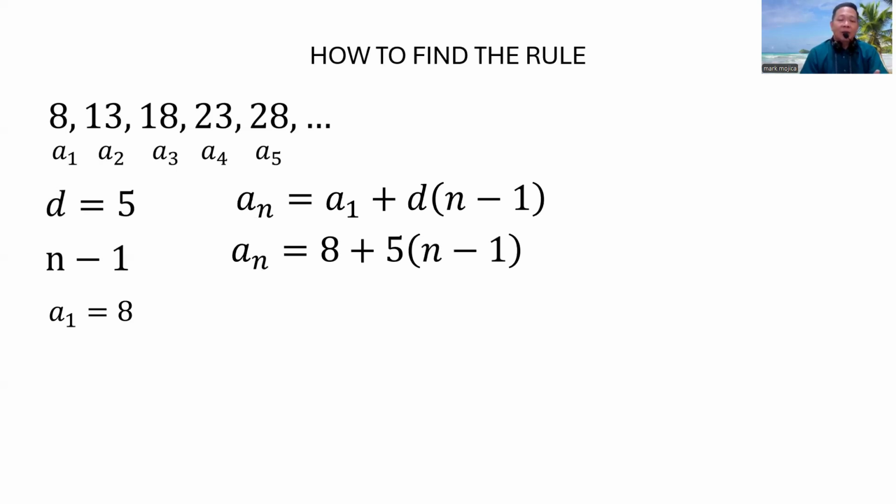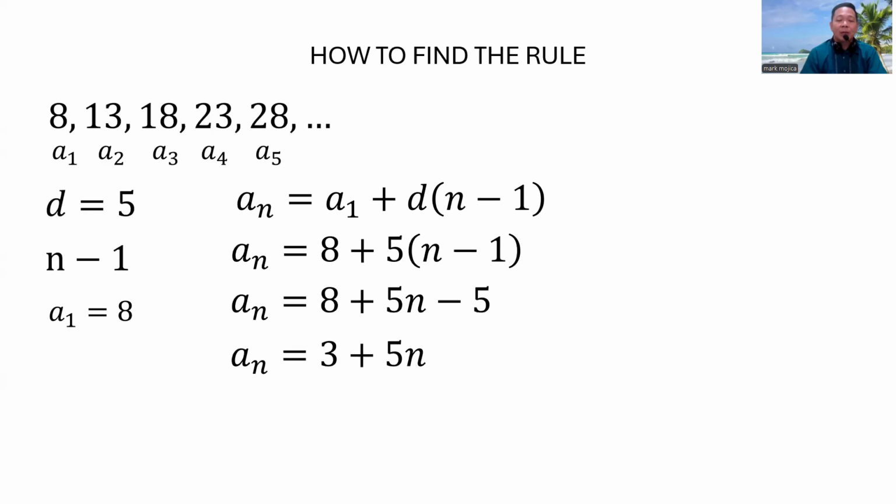And then, notice yung 5 natin, we can multiply n minus 1 using 5 by simply 5n minus 5. Then after that, gather like terms. So, yung 5n, wala naman siyang katulad dyan. So, in other words, yung 8 lang and then 5 ang ating gagalawin. So, that is 8 minus 5. That is 3 plus 5n.